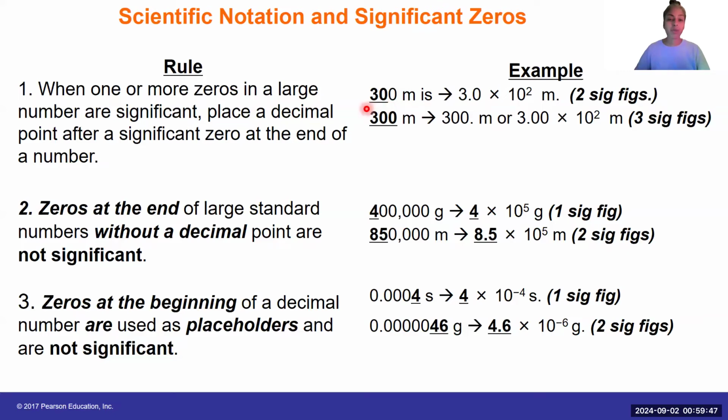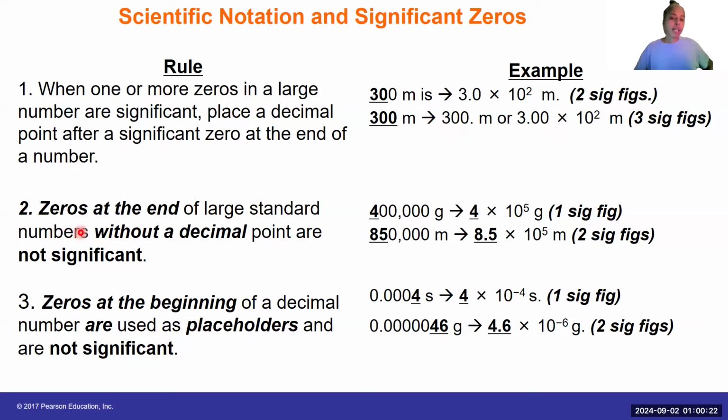That would change the whole value. So by writing it in scientific notation, it helps us to preserve the number of significant figures. So when one or more zeros in a large number are significant, place a decimal point after a significant zero at the end of a number. So like we did here, 300, I put the decimal point afterwards, and then both of these zeros are significant.